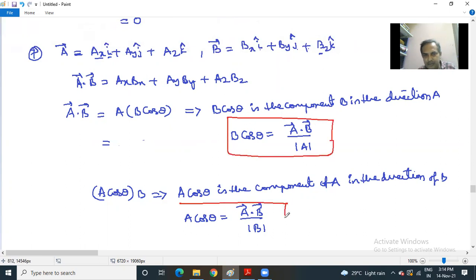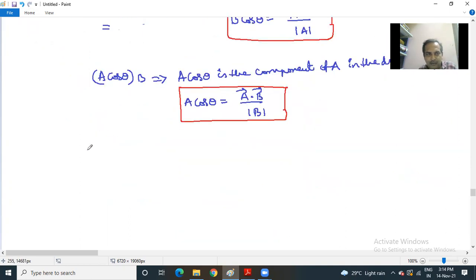You can even expect numericals to find the angle between A and B. So cos theta is equal to A dot B divided by mod of A and mod of B individually.